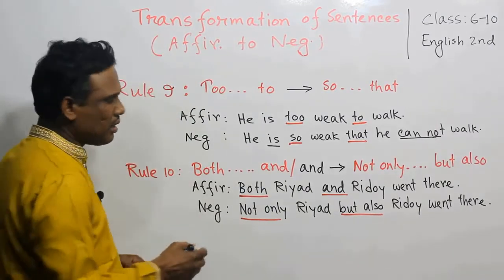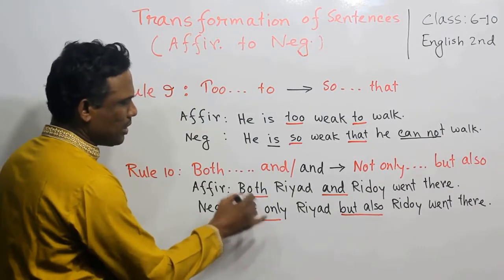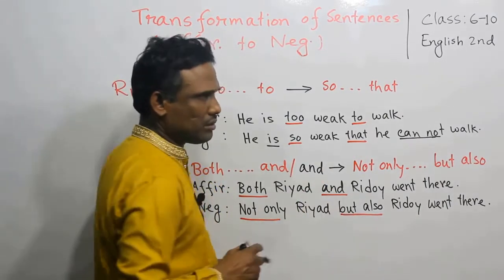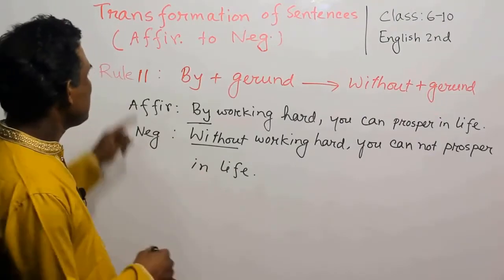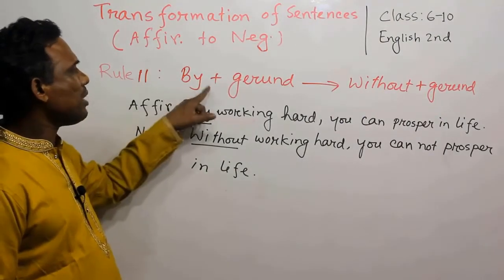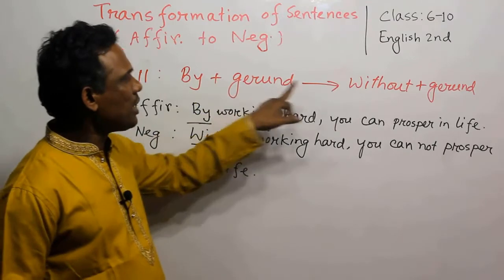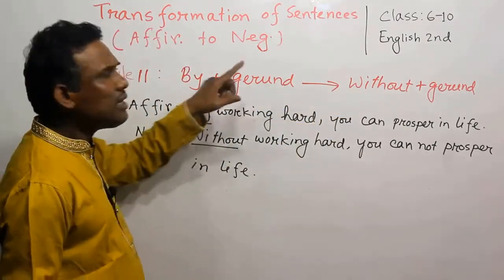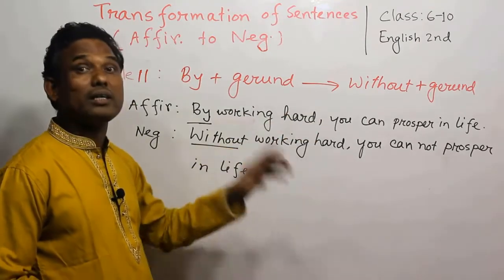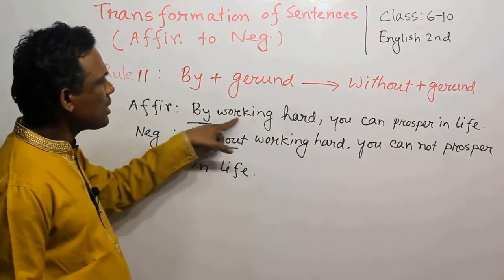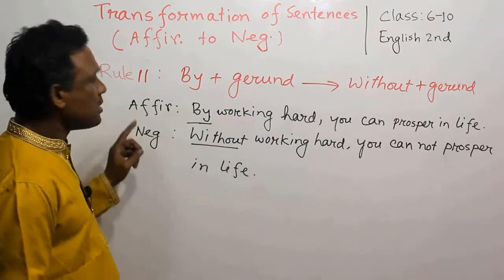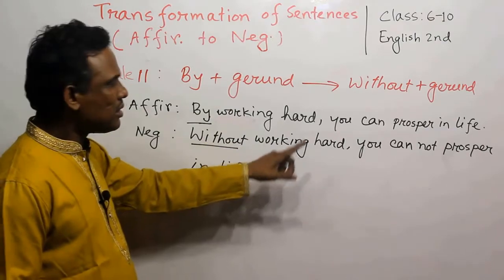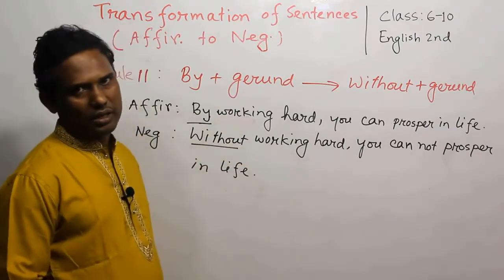Here you can see I have used not only in place of both, I have used but also in place of and. Okay. Rule number 11. If you see by plus gerund, you can use without plus gerund. For example, by working hard, you can prosper in life. Here, working is a gerund. So, its negative sentence is without working hard, you cannot prosper in life.